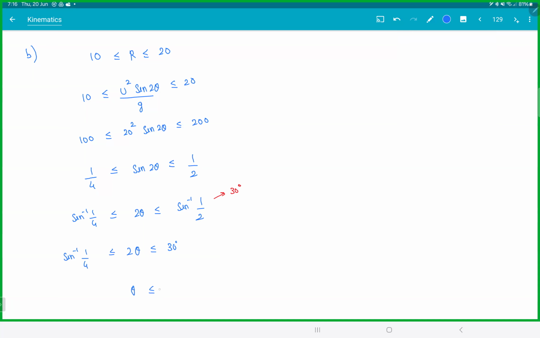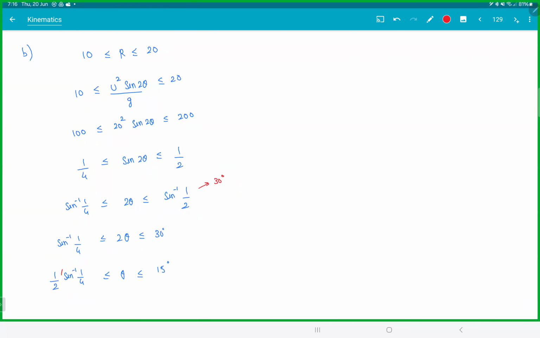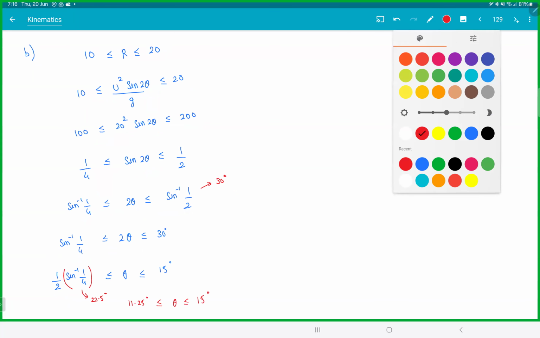So theta lies between 15 and half of sine inverse 1 by 4. They would give you the value, but this sine inverse 1 by 4 turns out to be approximately 22.5 degrees. So theta will lie between 15 and 11.25 degrees. Sine inverse 1 by 4 has to be given. If they don't give, you can leave the answer in this form.